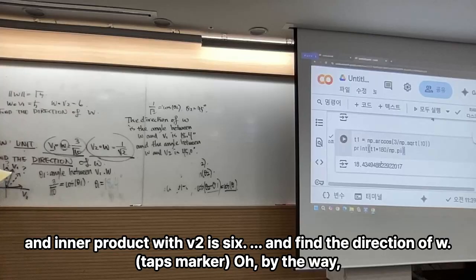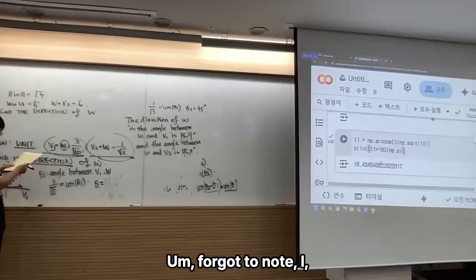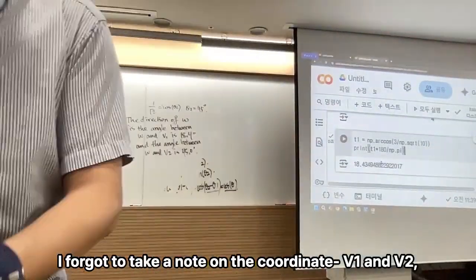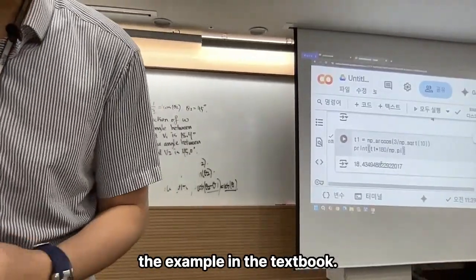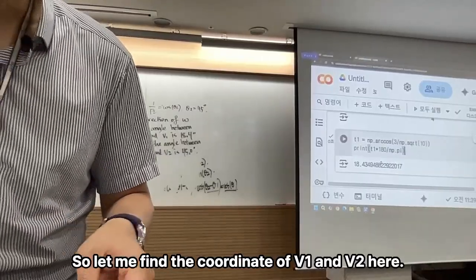Oh, by the way, I didn't give you the coordinates. Wait. I forgot to take a note on the coordinates of V1 and V2. I think that's actually the example in the textbook. So let me find the coordinates of V1 and V2 here.